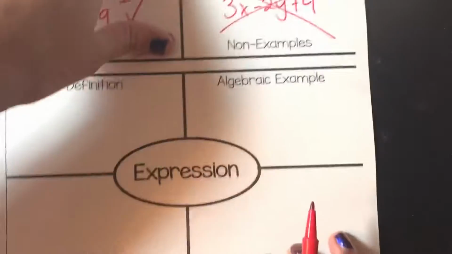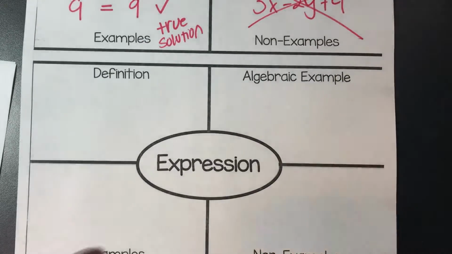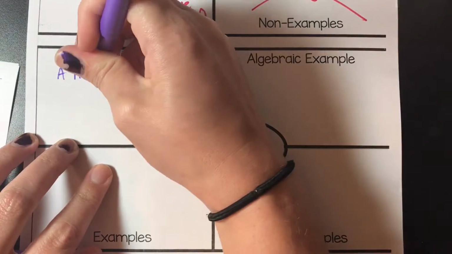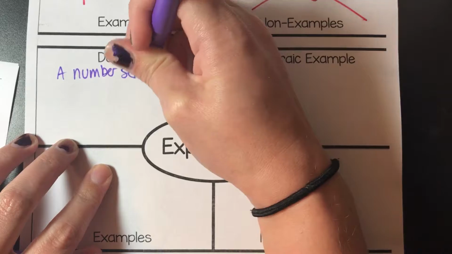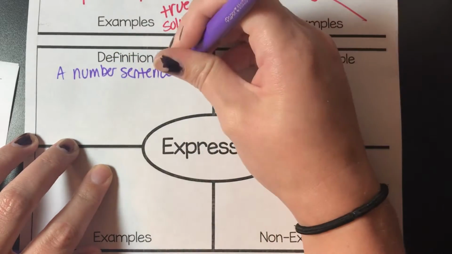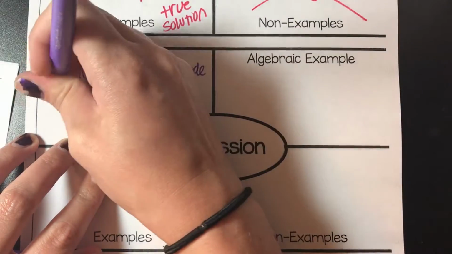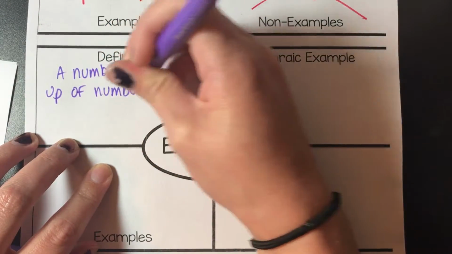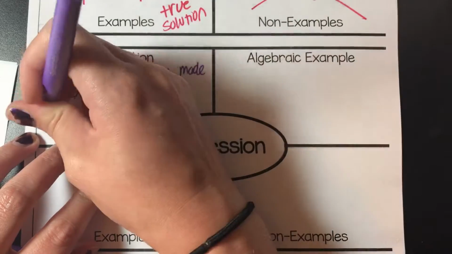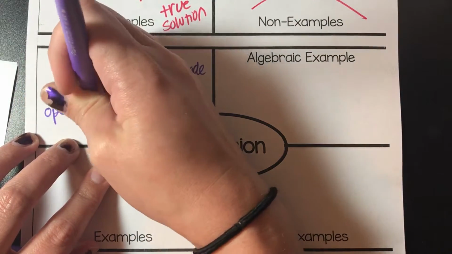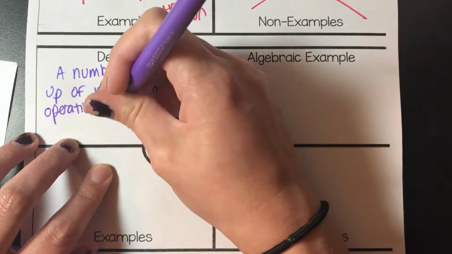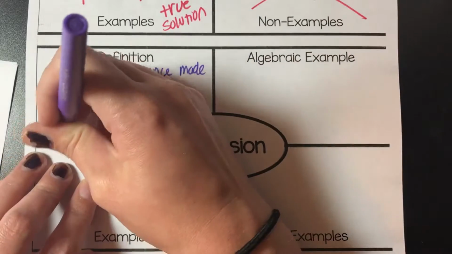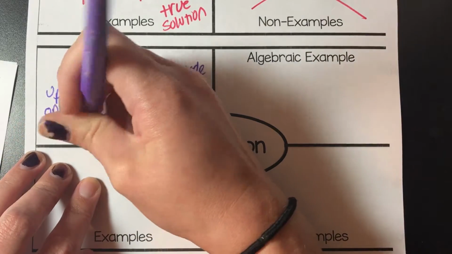And an expression, this is what we've been working on up until this point, is a number sentence made up of numbers and operations and sometimes variables.